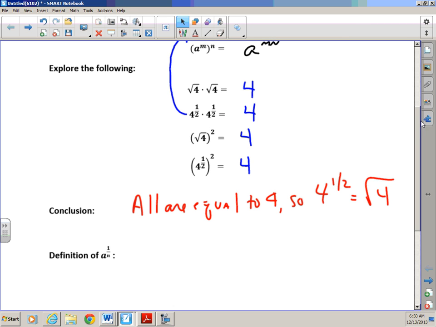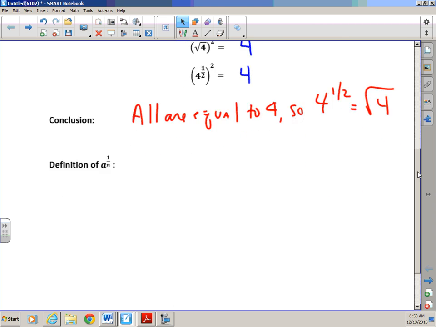That gives us our first definition that we're going to deal with in terms of rational exponents. And again, all rational exponents mean is that it's a number raised to a rational power. And remember, a rational number is a number that can be represented as a ratio of integers, and so 1/2 is an example of that.